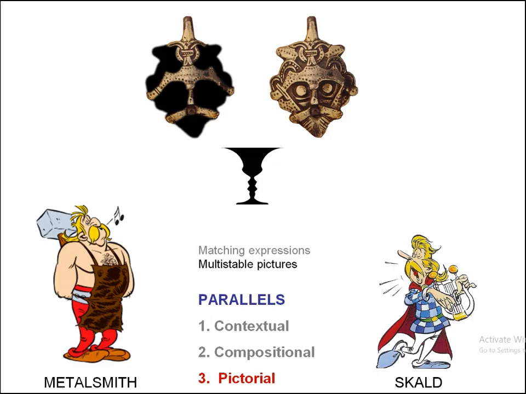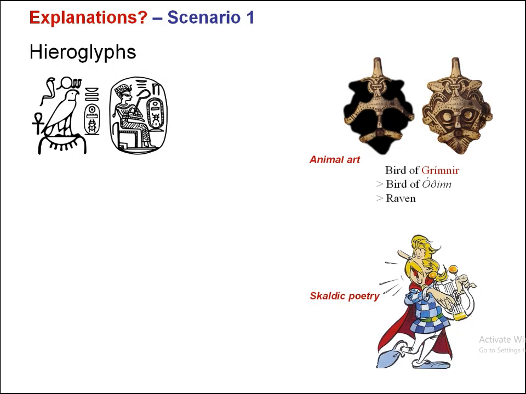One potential equation could have been that animal art served as a kind of pictorial writing system that was used in order to preserve skaldic poetry, very much in the same sense as hieroglyphs had been working in ancient Egypt.